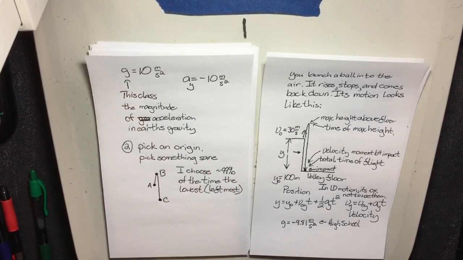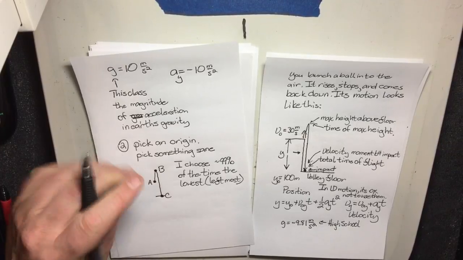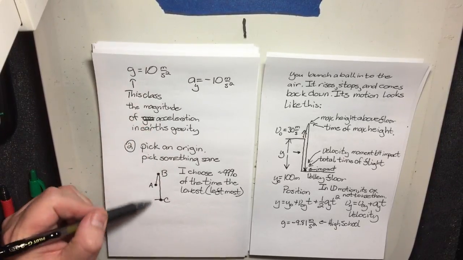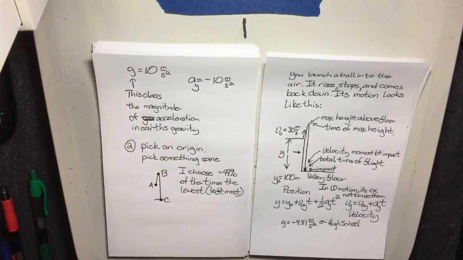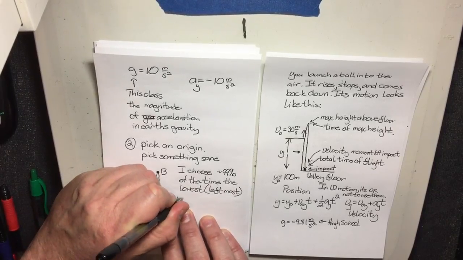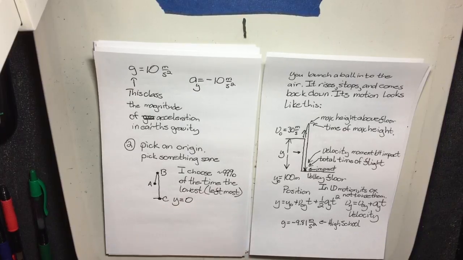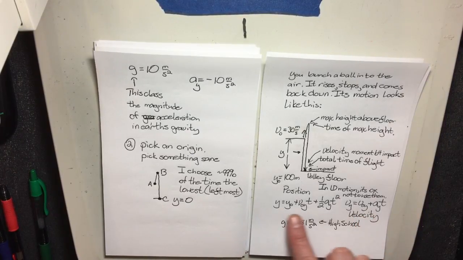So the lowest point is C. Now granted, I exaggerated a little bit of the horizontal. There is no horizontal motion, I'm just differentiating the locations. But I picked the lowest point. The lowest point will have a value of 0. And I've chosen Y because I've written out my position equations in Y.